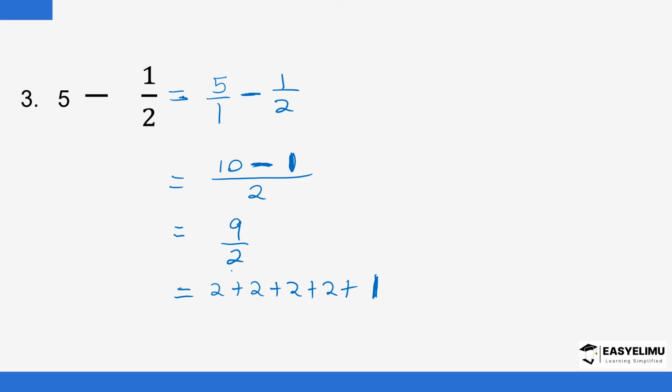So each of them is divided by 2. Remember, all we are doing is breaking down the numerator into components of the denominator. So 2, 2, 2, 2, and 1. Each of them is divided by 2, so 2 divided by 2 is 1, again 1, again 1, again 1, plus 1 over 2.